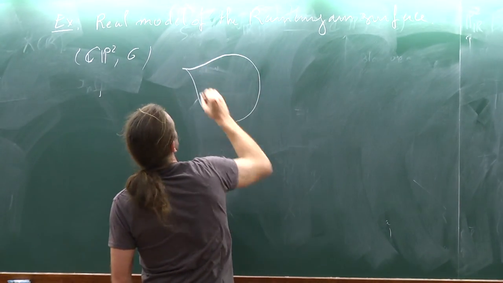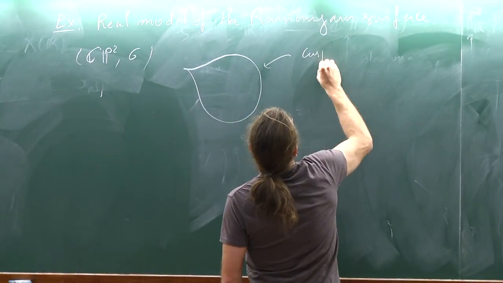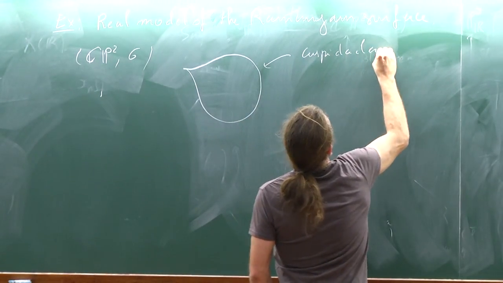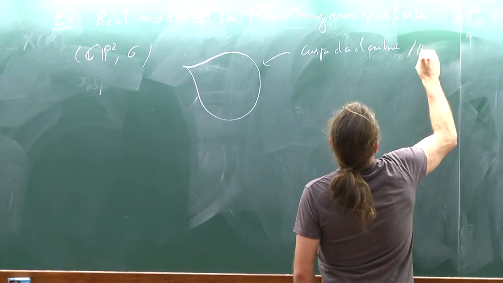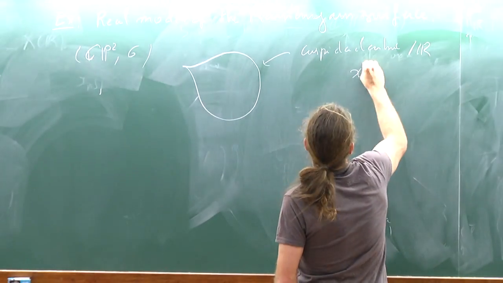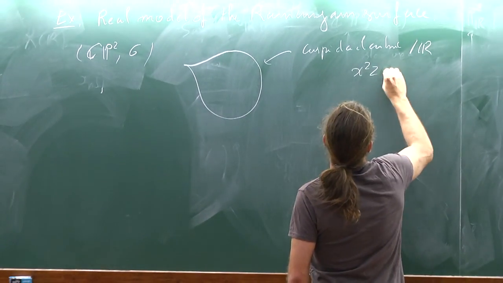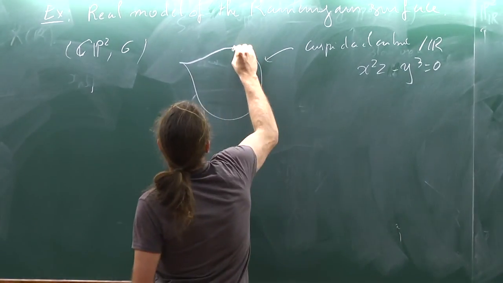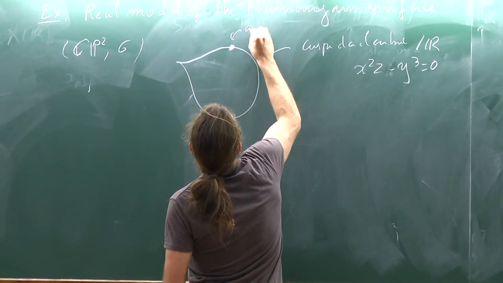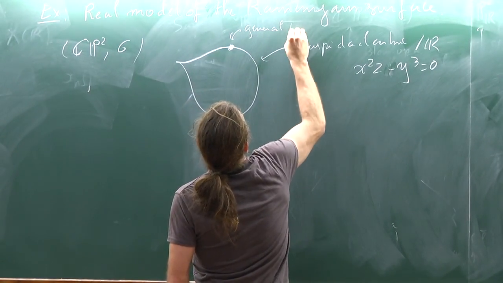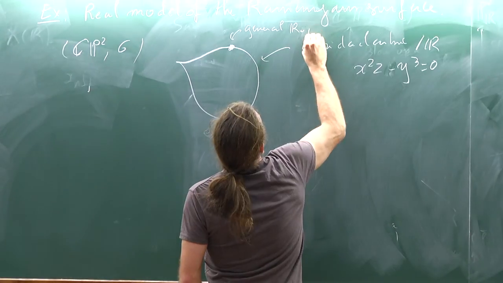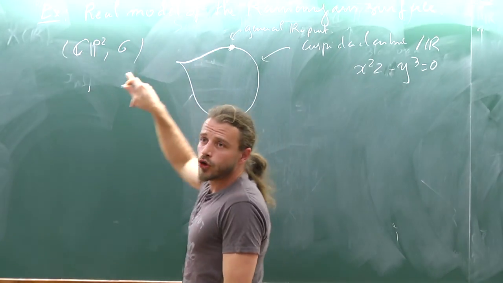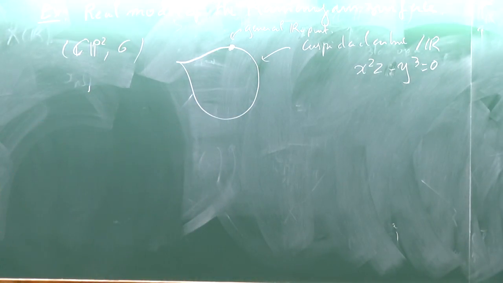The first thing is a cuspidal cubic defined over R. So it could just be x squared z minus y cubed equal to 0. And now you take a general real point, and you look at the osculating conic to this cuspidal curve at that point.